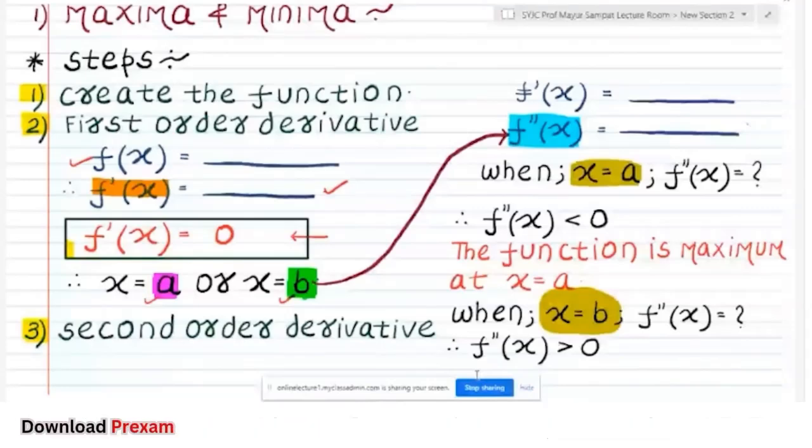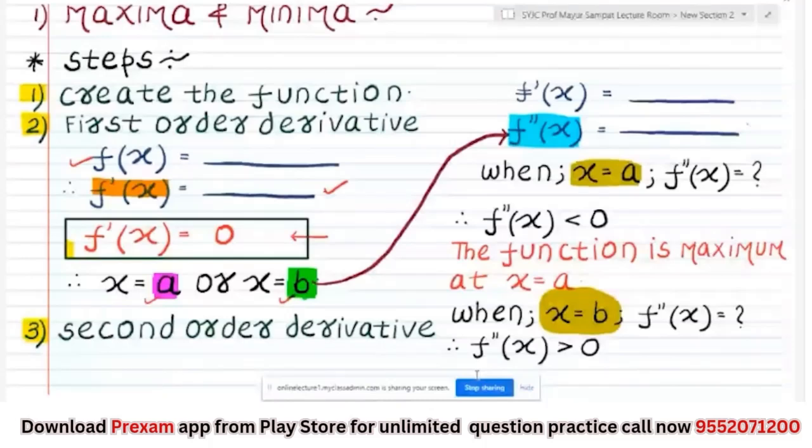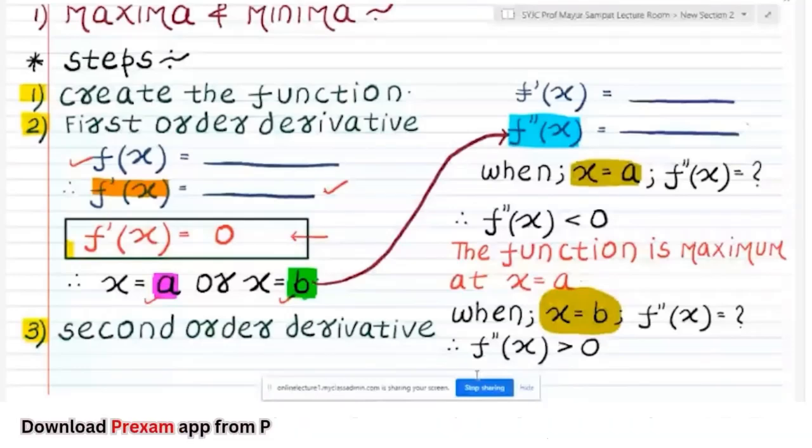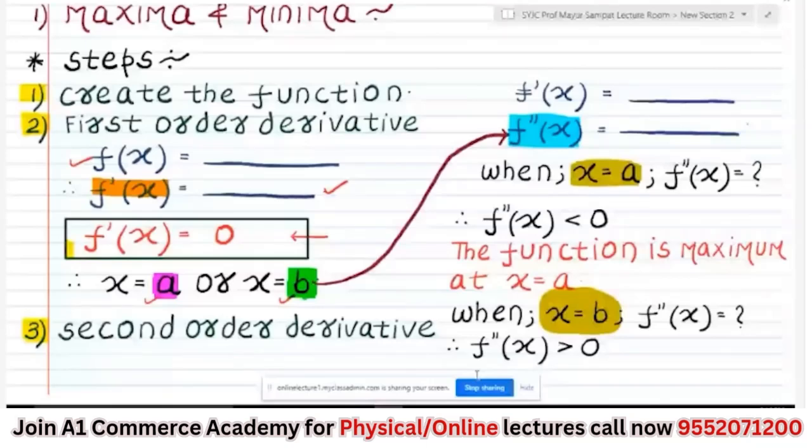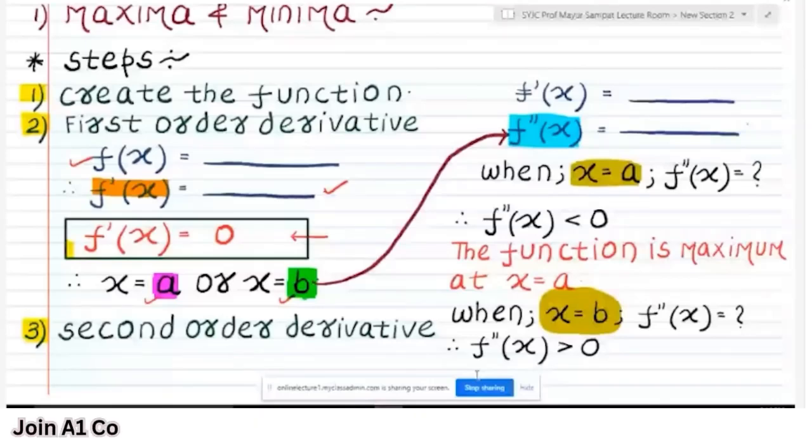Dear students, in our last lecture, we started with a new topic, which is called the application of derivatives.